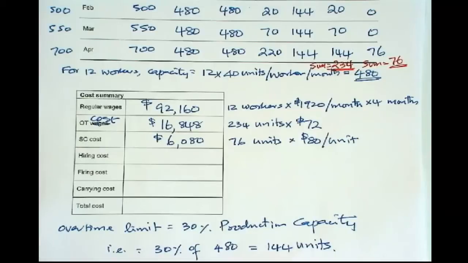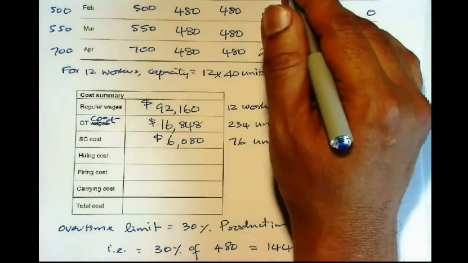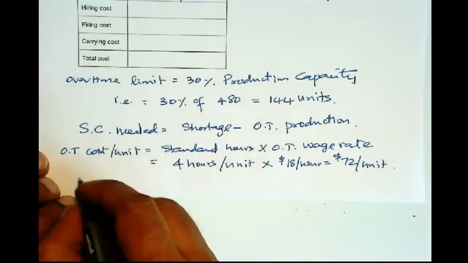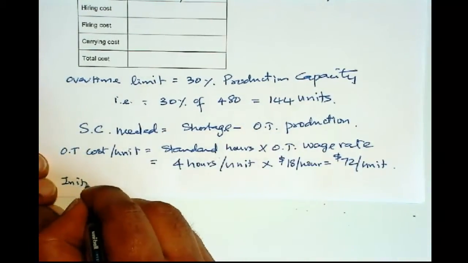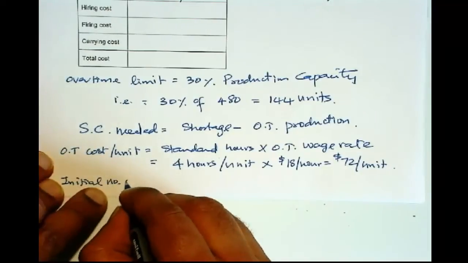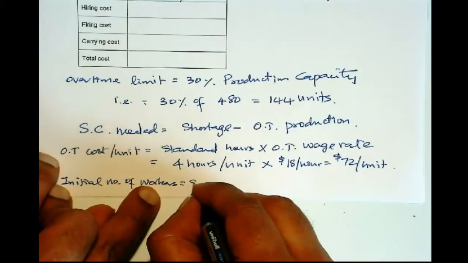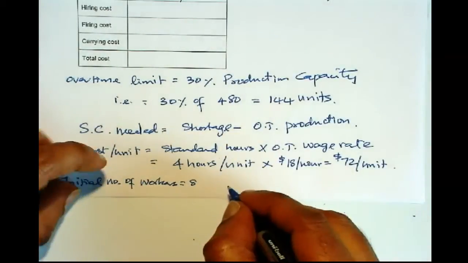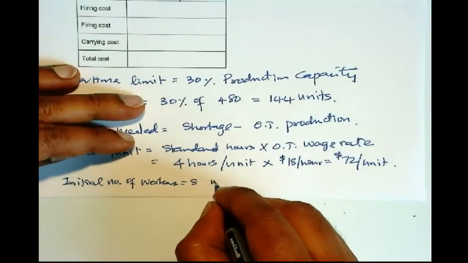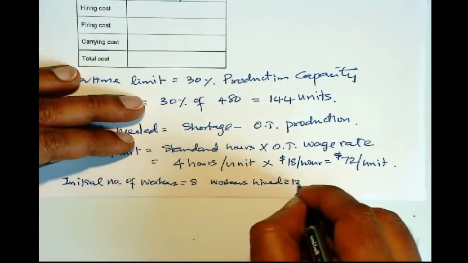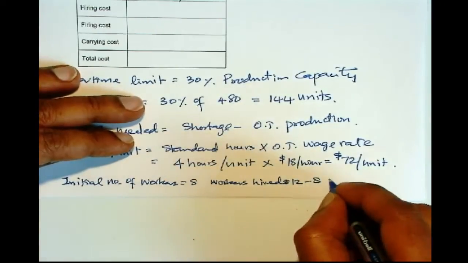Now we have 12 workers right now. So we started out with our initial condition was initial number of workers. So let me write that way back here. So initial number of workers which is given is 8. So workers hired is 12 minus 8 equal to 4, and fired is 0.